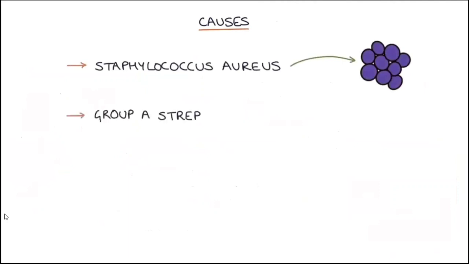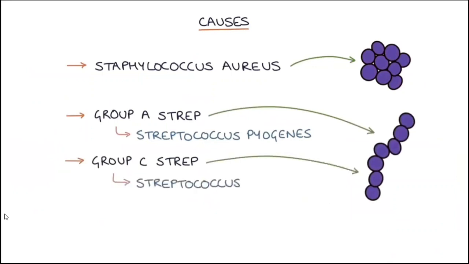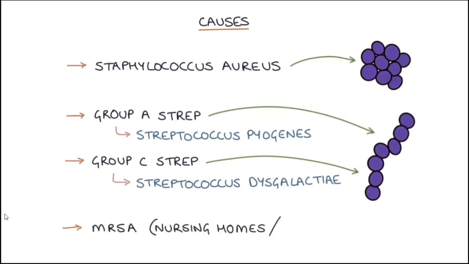Group A Streptococcus, mainly Streptococcus pyogenes. Group C Streptococcus, mainly Streptococcus dysgalactiae. And MRSA is another key cause that needs to be considered, particularly in patients who are long-term residents in nursing homes or spend a lot of time in hospital.